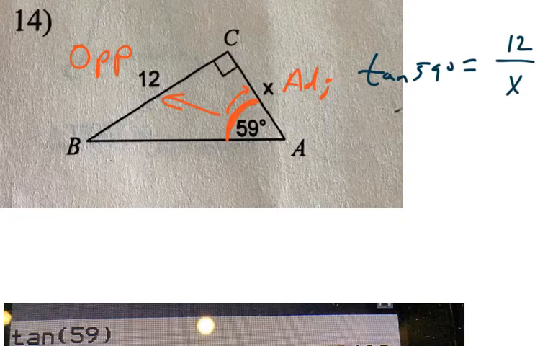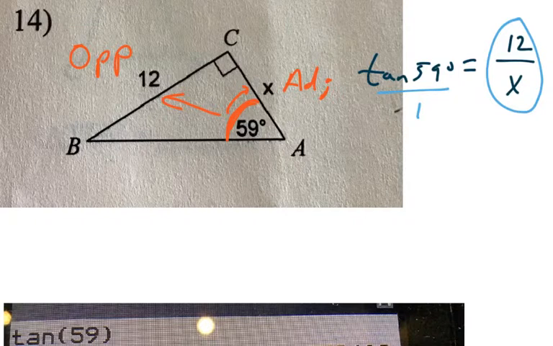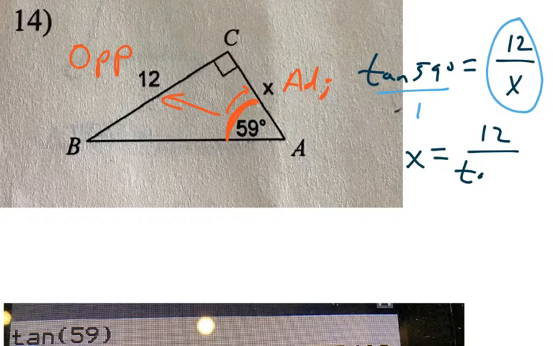opposite over adjacent. Notice how it's upside down over here, guys. Now hopefully you realize you can do one underneath there and cross multiply. Inevitably, you're going to end up with x equal to 12 divided by the tangent of 59.